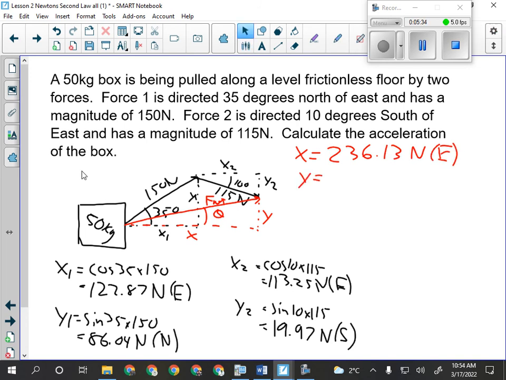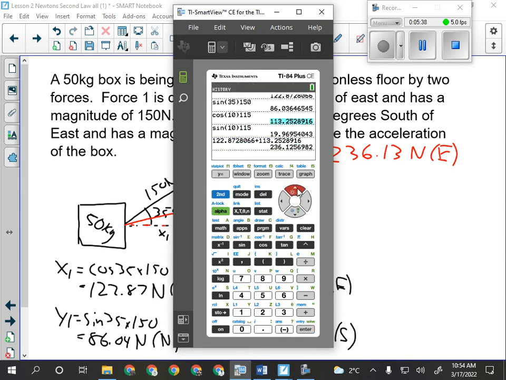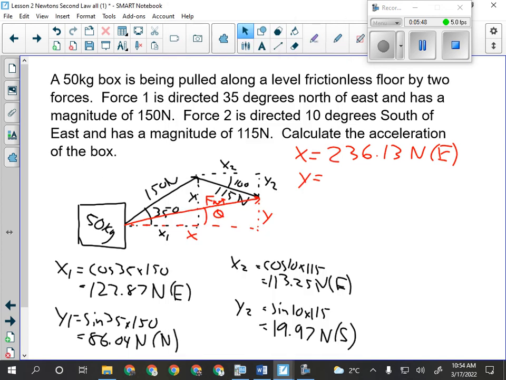And then for y, they're opposite. One's north and one's south. So the 86 is north, the 19 is south. So we're looking at 66.07 newtons north. Okay, so now I've got my big triangle.